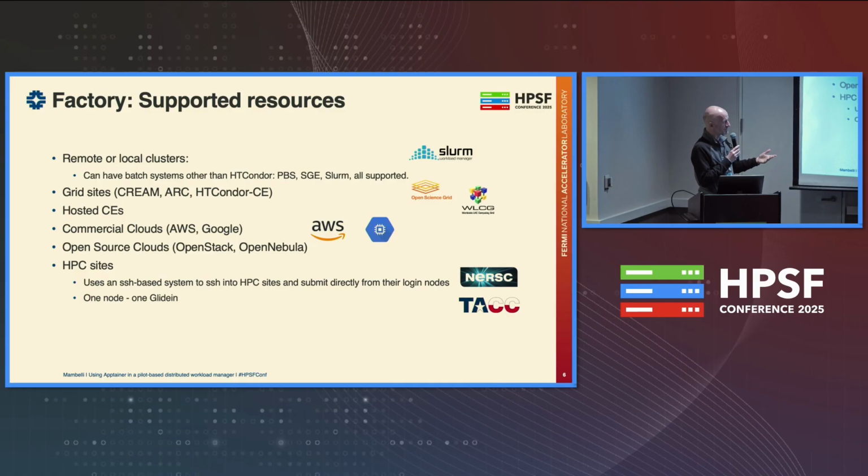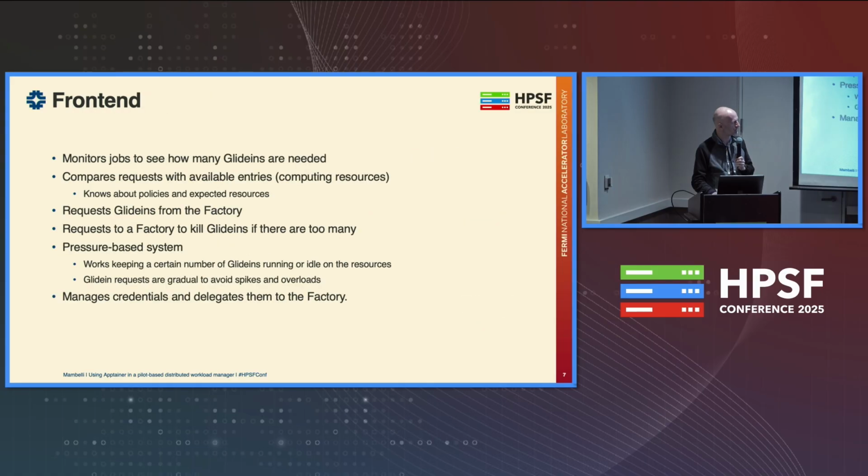When we run on an HPC site, to plug it into the whole system we basically do SSH tunneling to reach the submit node. From there, we submit the batch job that runs the Glidein and joins the virtual cluster. As I mentioned, we always run one Glidein per node, and it's not a multi-node scientific computation.